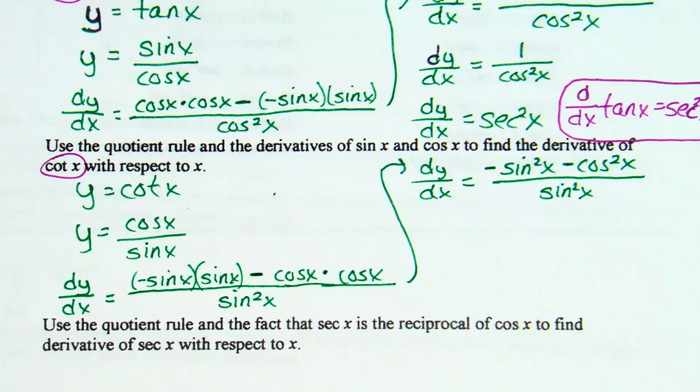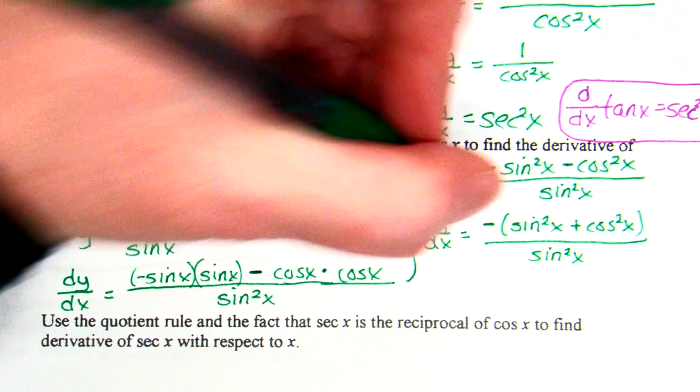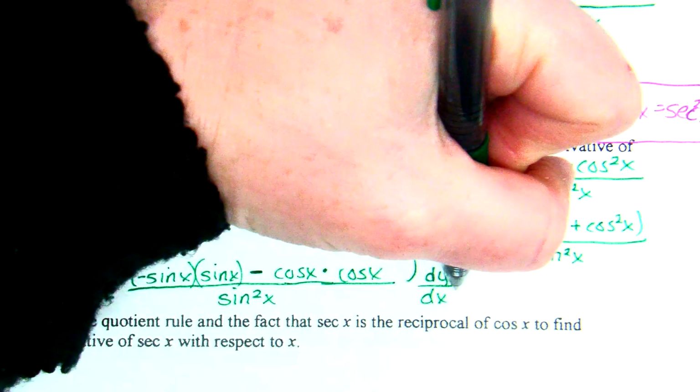If we factor out negative 1 on top, in the parentheses it becomes sine squared x plus cosine squared x. What do you know about the negative of sine squared x plus cosine squared x? It's going to be negative 1 on top. So dy dx is negative 1 over sine squared x.